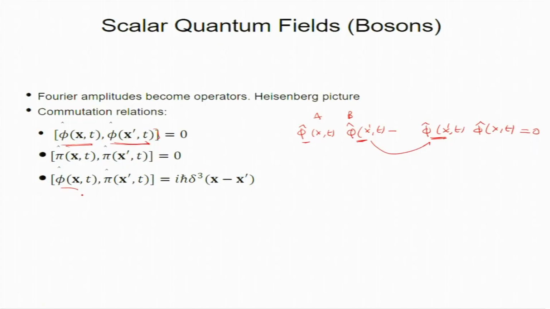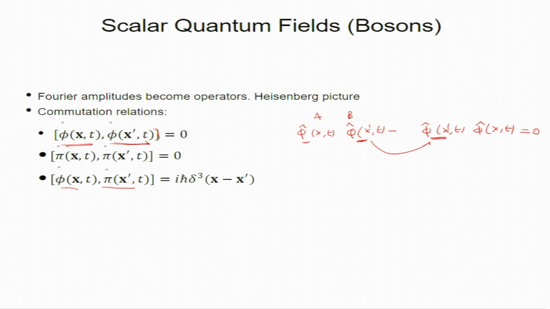just like the commutation relation of x and p for particles, i h bar, is a postulate. Position operators commute with each other for particles, momentum operators commute with each other, but x and p for particles do not commute. Similarly, phi is the field and pi is the momentum operator for the field. That is why the momentum operator is very important, and we can derive it from the Lagrangian.